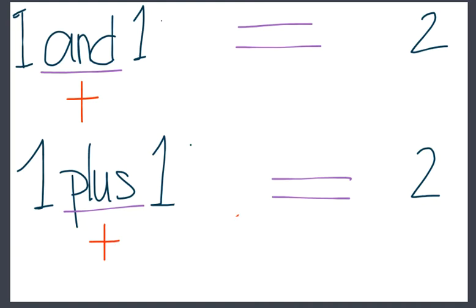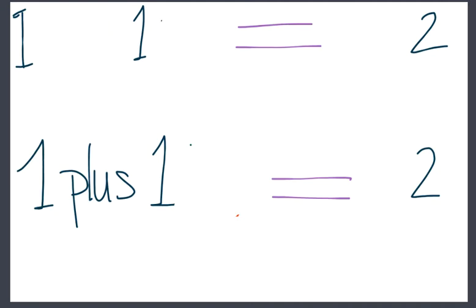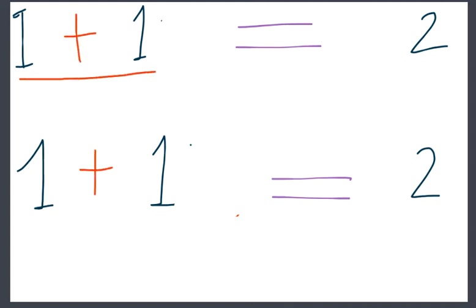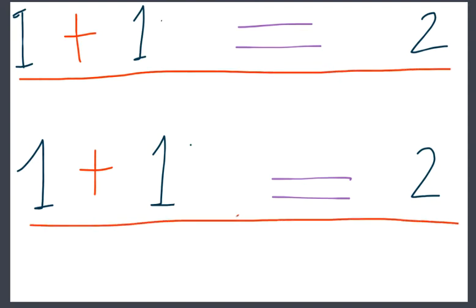So what I have underlined in purple, I am now going to replace with the plus symbol. Let's see if it makes sense. 1 plus 1 equals 2. 1 plus 1 equals 2. Both of our number sentences say the exact same thing now.